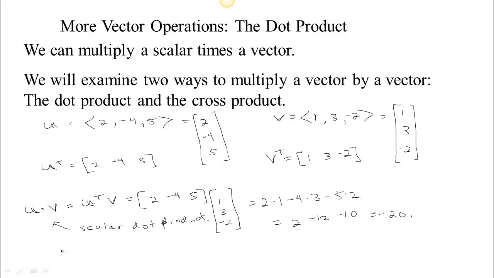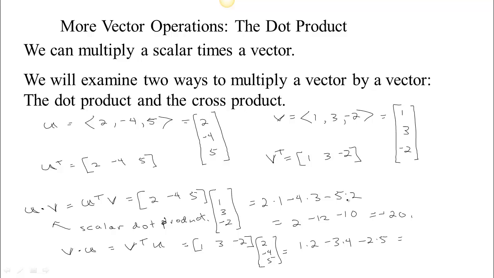And notice it doesn't matter which way you dot them. If you take v dotted with u, that would technically mean taking v transpose times u, which would be this matrix 1, 3, -2 times u, which was 2, -4, 5. Can you see you're going to get the same product? Because you get 1 times 2, the product of the first entries, minus 3 times 4, the product of the second entries, minus 2 times 5.